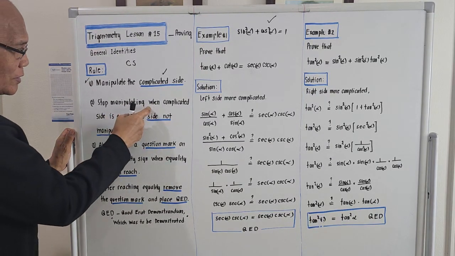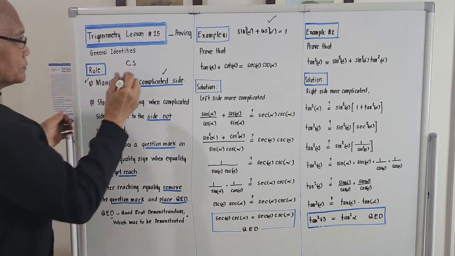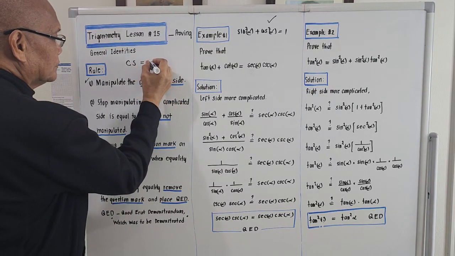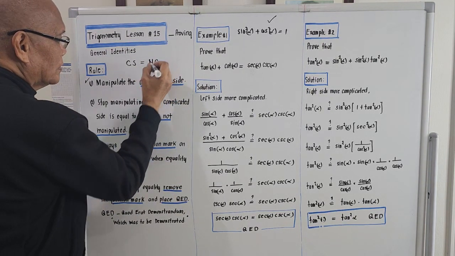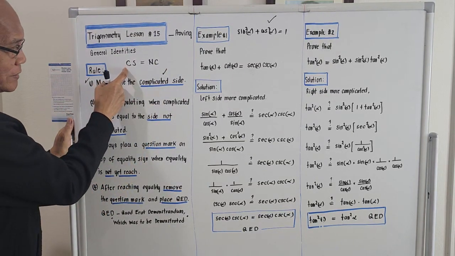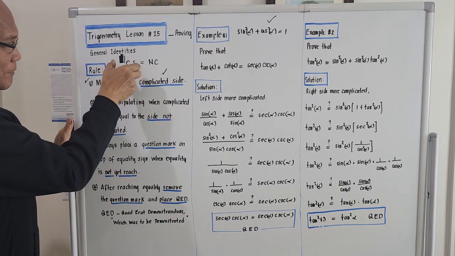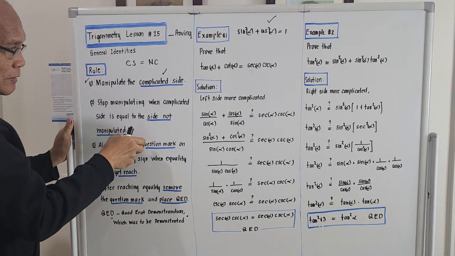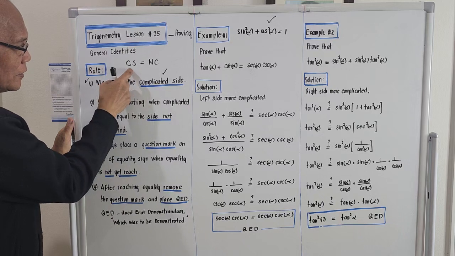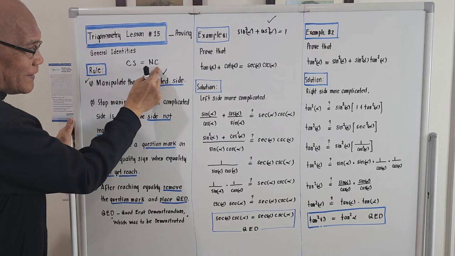Number 2, stop manipulating when the complicated side is equal to the side not complicated. The rule here is try to manipulate the complicated side. So after doing so many manipulations, try to look for the value of the complicated side if it is now equal to the value of the not complicated side, right?